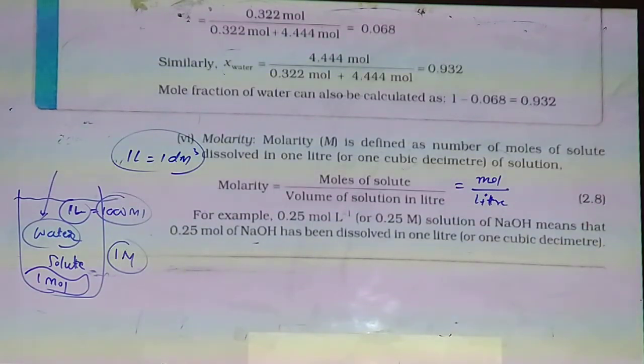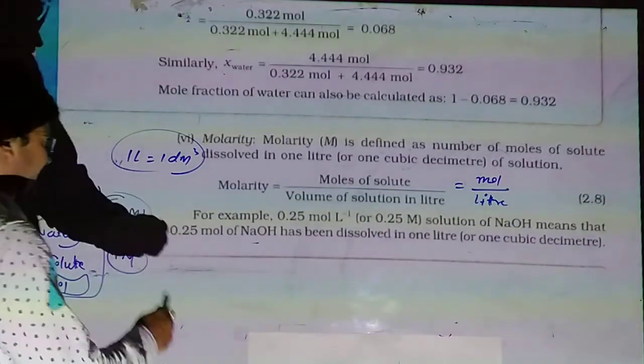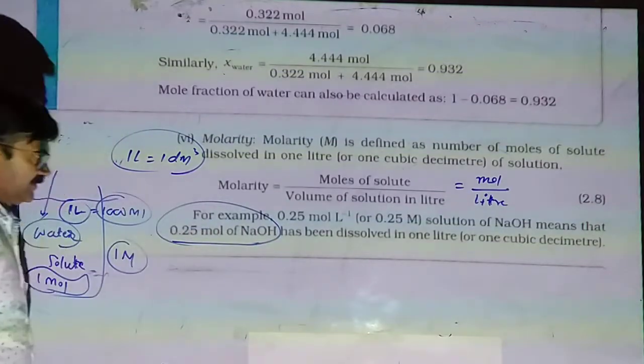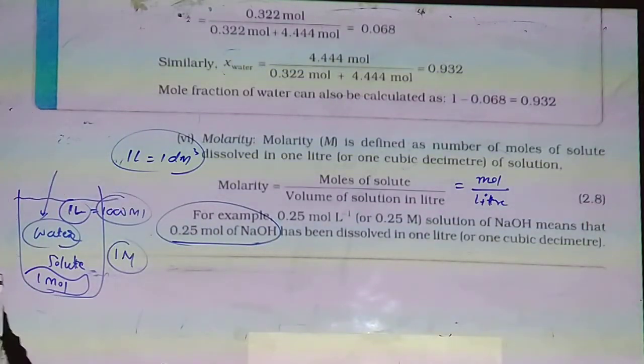For example, a 0.25 mole per liter molarity solution of NaOH means that 0.25 mole of NaOH has been dissolved in 1 liter. 1 liter means 1 decimeter cube.